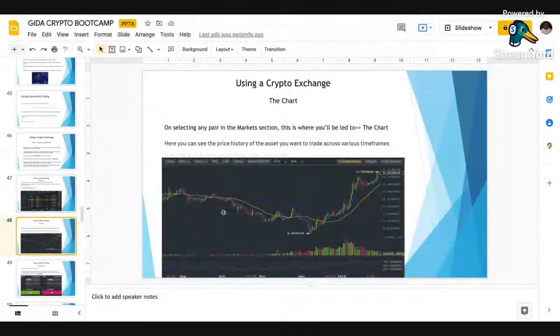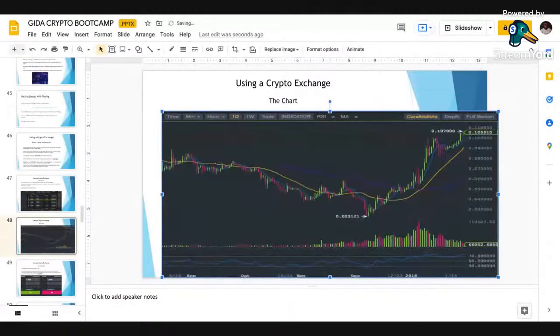This chart is the price history of the asset you want to trade. Let me highlight this so you can see better. So this market pair contains the price history. You can see that the price of this token here is 0.0231 something. Right here is 0.1. From 0.02 it is now up to 0.1.